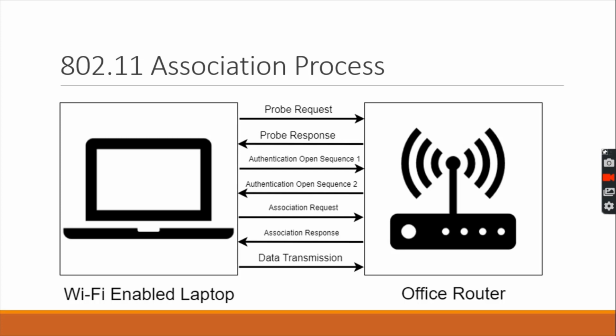Once authentication is done, the Wi-Fi enabled laptop will send an association request to the router. The router will then respond with an association response packet. Once this is done, data transmission can finally take place.